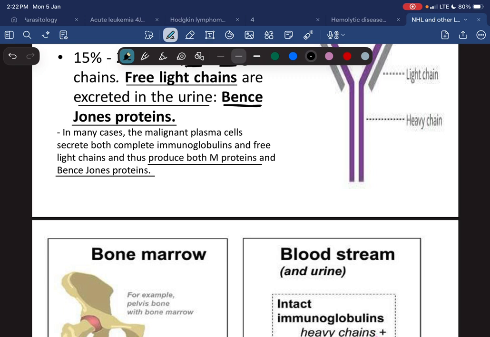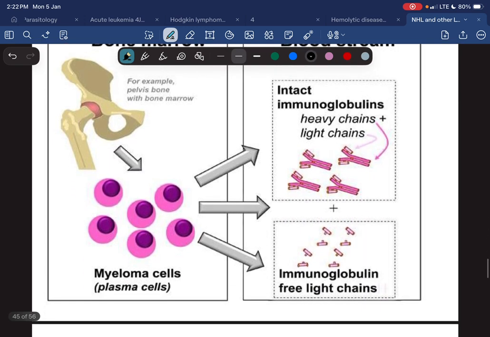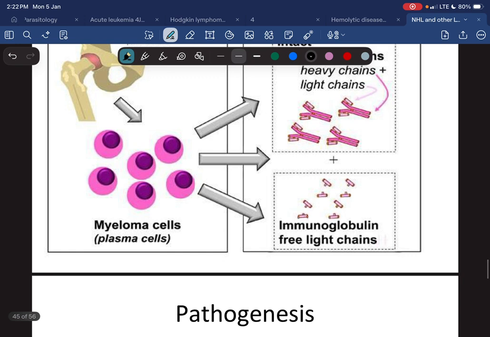Okay? So it is proliferation of plasma cells in the bone marrow, leading to what? To bony destruction. This bone destruction is related to what? What happens to cause destruction of bone?